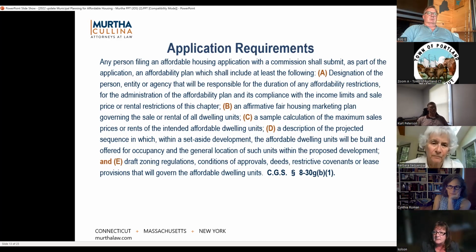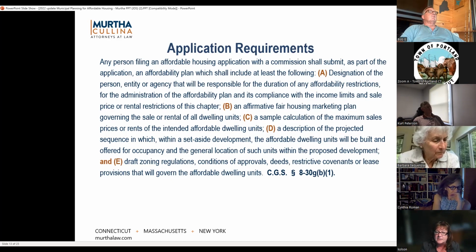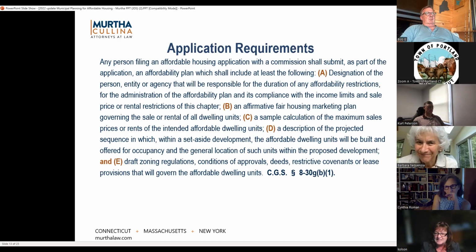So all of that requires significant calculations, a description of the project sequence, and how the affordable dwelling units are going to be built and offered for occupancy, the general location of such units within the proposed development, any draft zoning regulations, conditions of approval, deeds, restricted covenants that are going to be part of that affordability plan. So it's a very comprehensive plan, and you'll be called upon to look at these. I usually get them first to critique, but they can be complex.